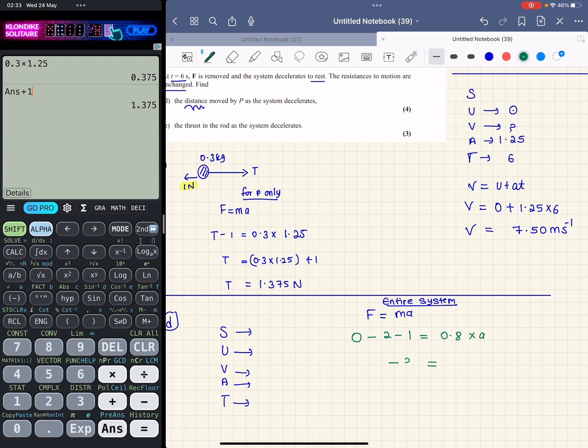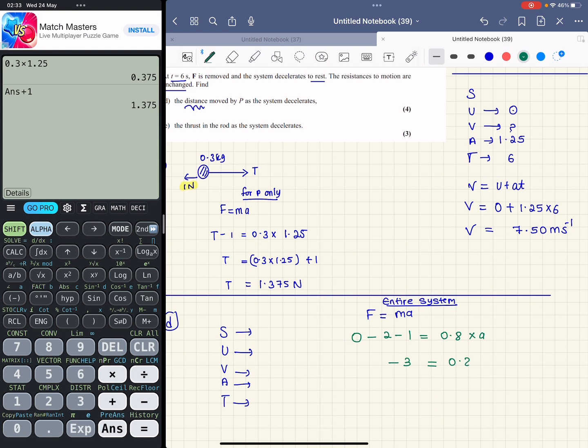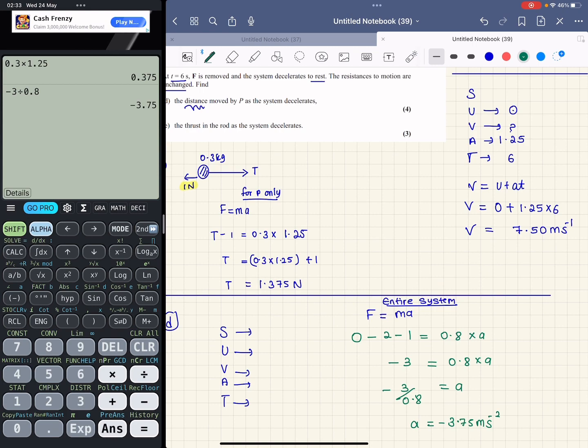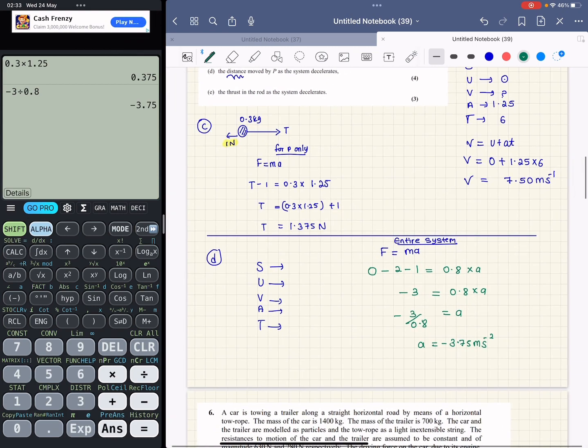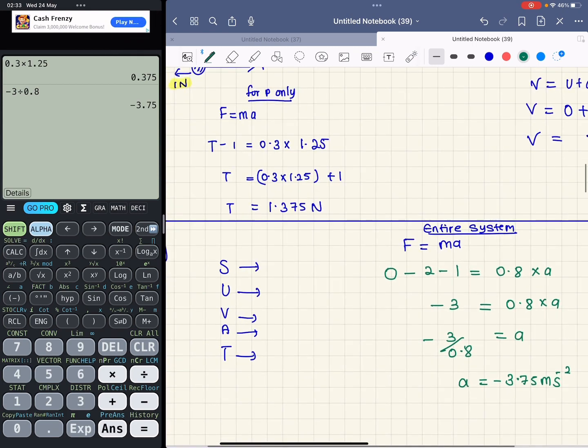So minus 3 is equal to 0.8 A. A is equal to minus 3 over 0.8. And that's minus 3.75 meters per second squared. That's your new acceleration. So minus 3.75.